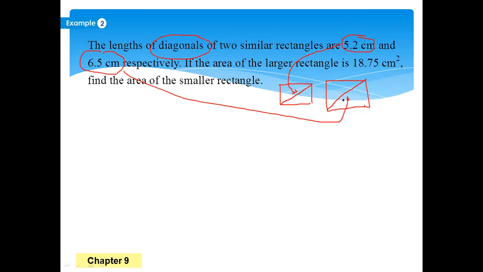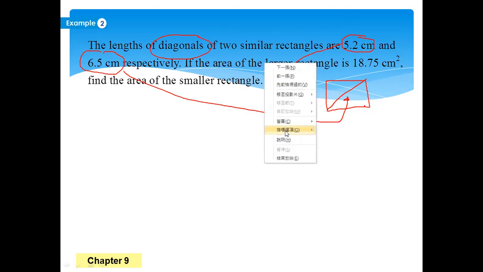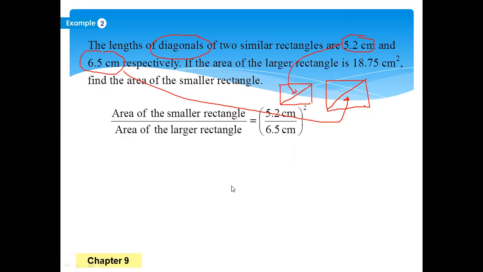Okay. And the question asks you, if area of the large is 18.75, asks you the area of this small, how big is this small rectangle? As we know, the ratio of areas is equal to ratio of any lengths, say as the diagonals. And don't forget, it's the square if it is ratio of area.